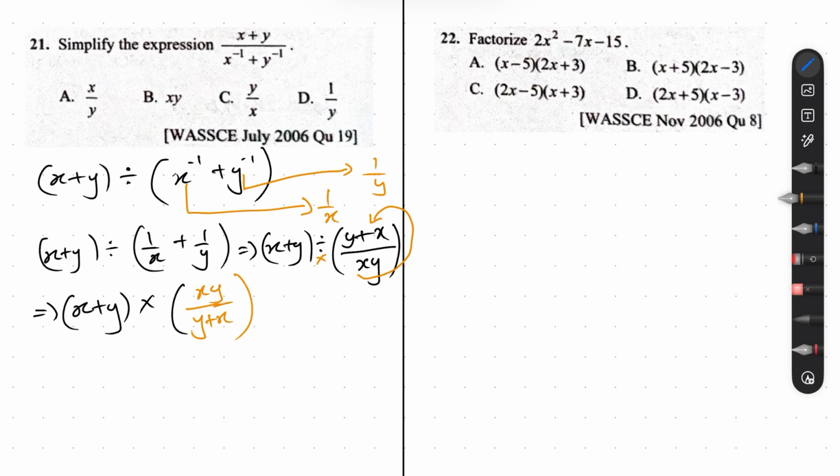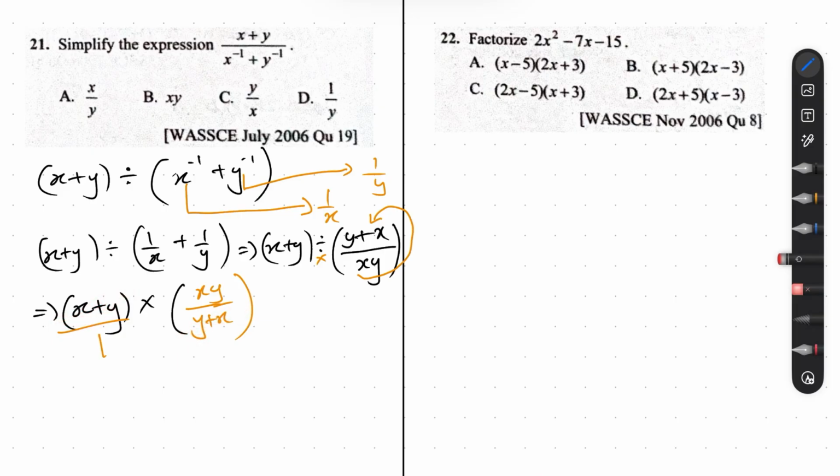Now as we can see on the left hand side, x plus y is the same as writing it as x plus y over 1. Since we are multiplying the two fractions, we can easily cancel out. This expression is the same as that expression because x plus y is the same as y plus x.